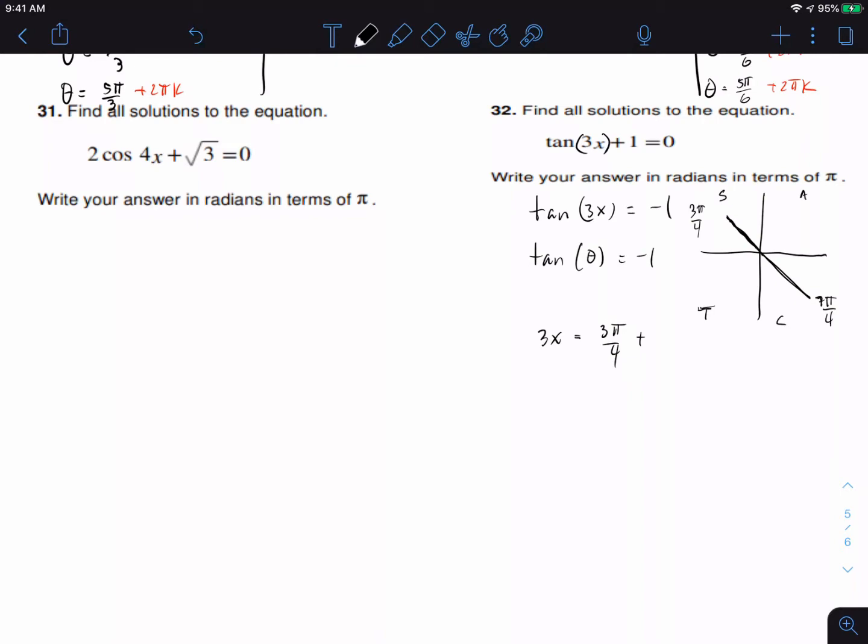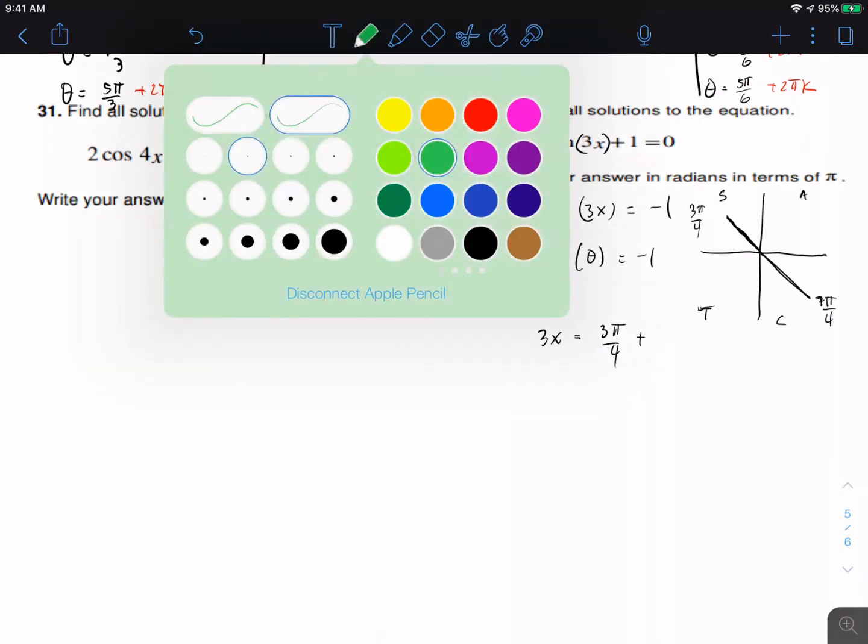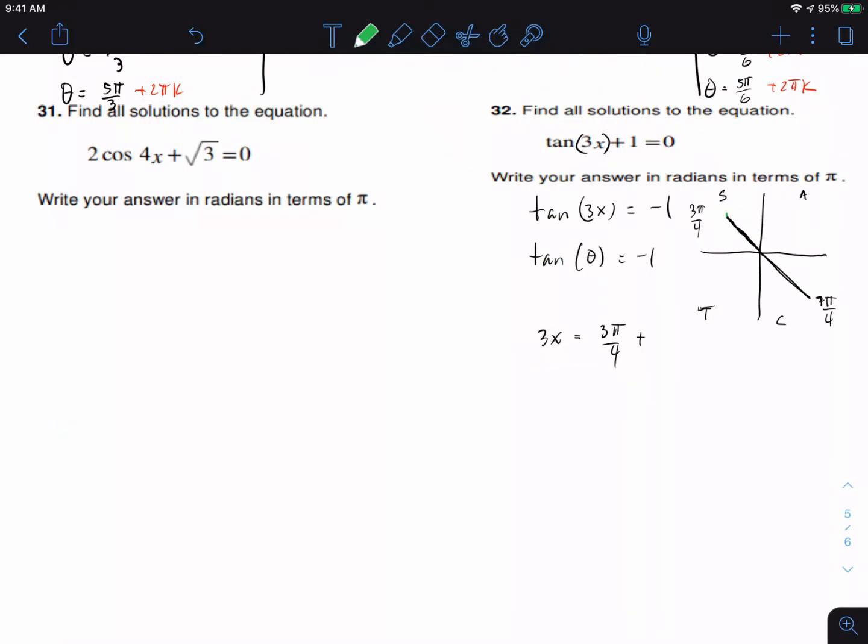If we look at this rotation, and it's important, I'll do it in a different color so we can see. If I start here at 3 pi over 4, to get to this point over here, how much of a rotation did I do to get there? Did I do a full circle rotation, a half circle rotation? What did I do? Yeah, Maria, you're right. So it's only a half circle rotation, or a pi k rotation, right?